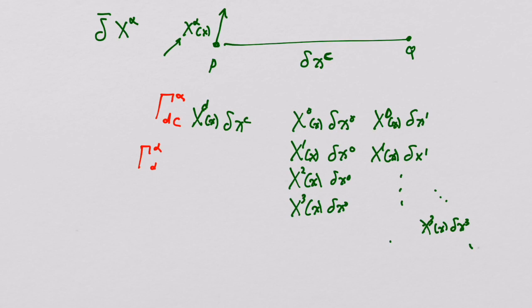Gamma^alpha_dc x^d delta x^c. And actually, for convention's sake, and we'll see why, it's defined with a minus sign. And this is how I define this mysterious difference that establishes parallelism.